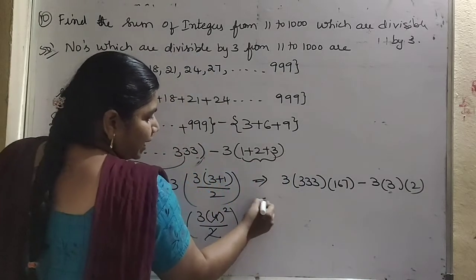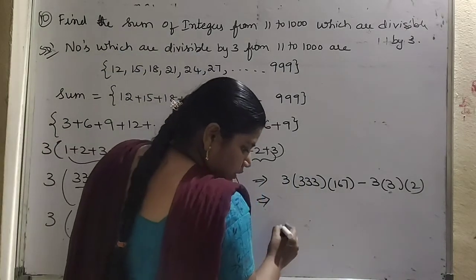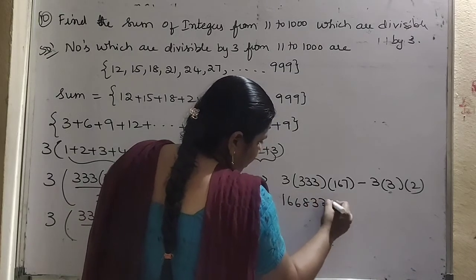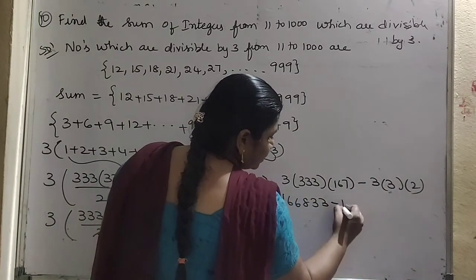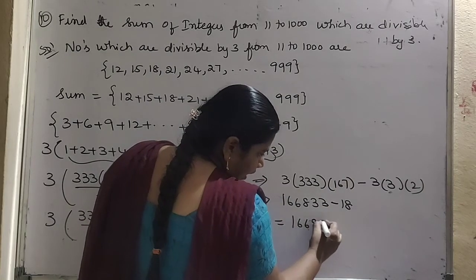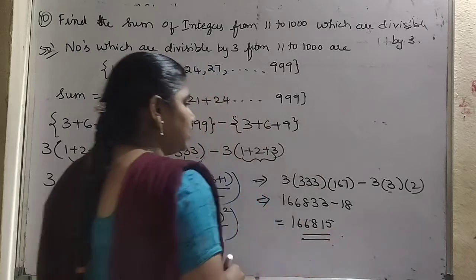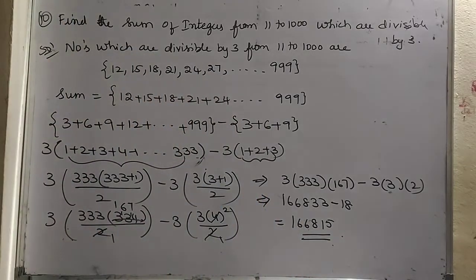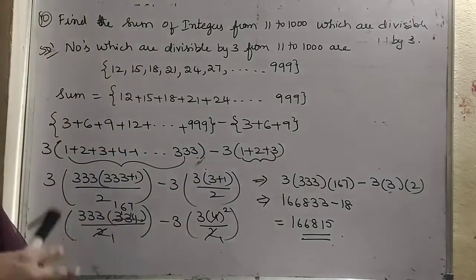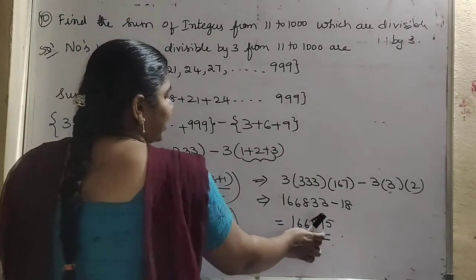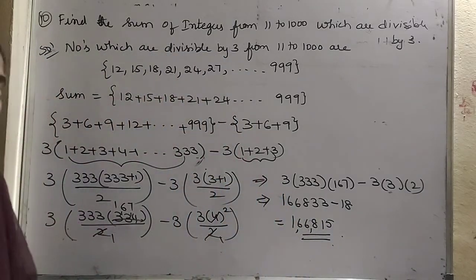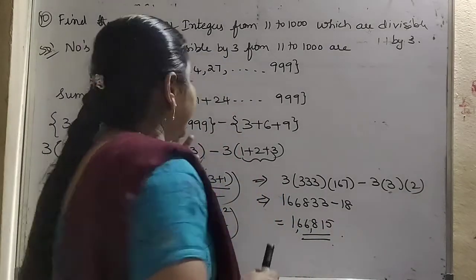If you multiply these all, that will be equal to 166833 minus, 3 threes are 9, 9 twos are 18. If you subtract these numbers, 166833 minus 18, 166815 is our answer. So if you add the numbers from 12 to 999, you will get the result as 1,66,815. So this is our 10th solution.